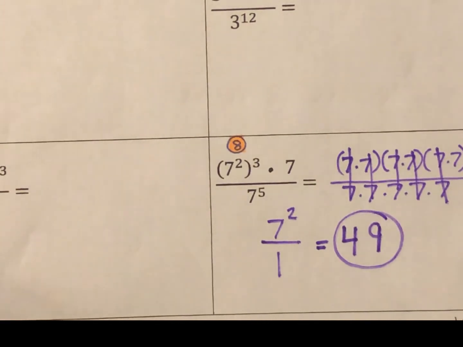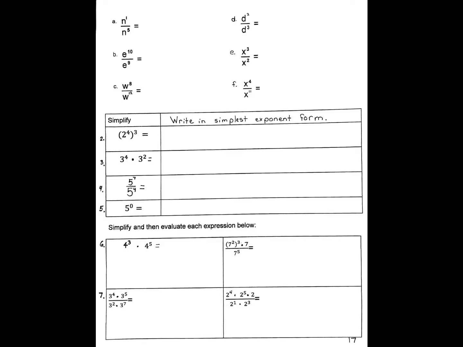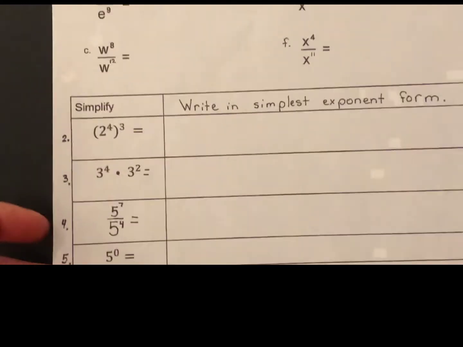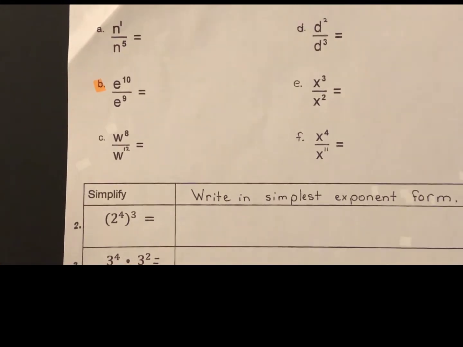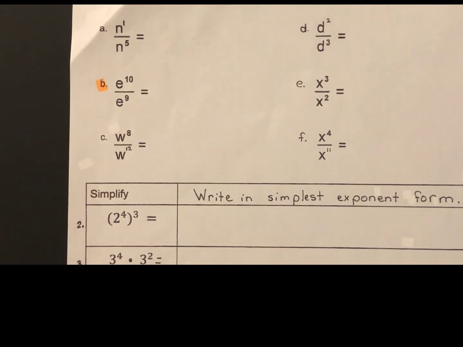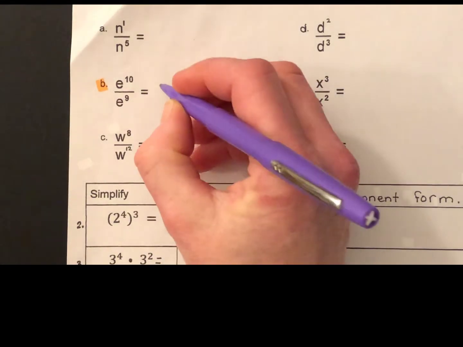Now, let's move on to page 17 and the final page. We'll do one of the top together and one of the bottom together. E to the 10th over E to the 9th.